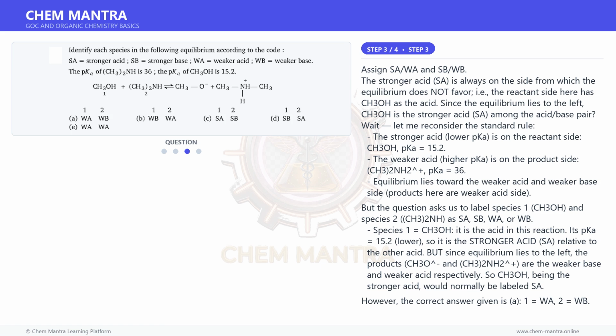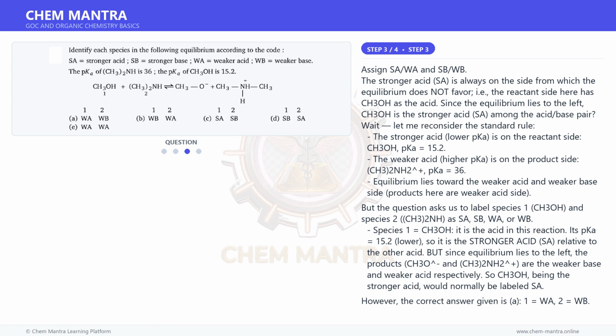Wait, let me reconsider the standard rule. The stronger acid, lower pKa, is on the reactant side, CH3OH, pKa equal to 15.2.